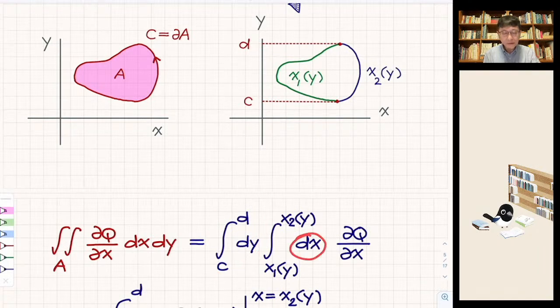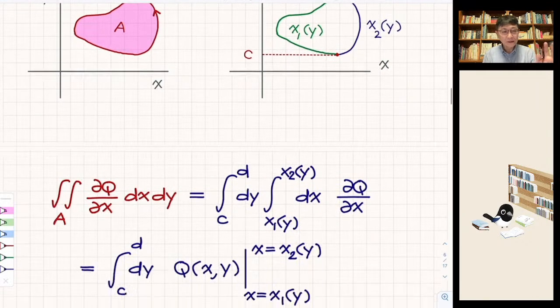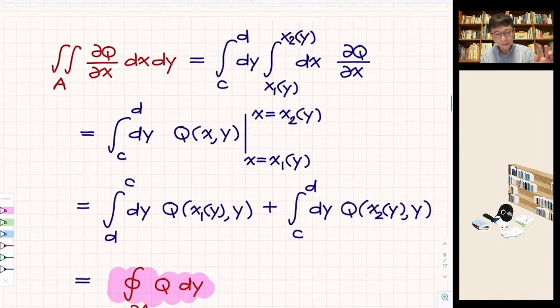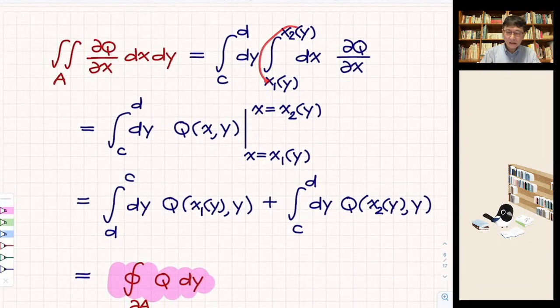And how do you do this dx integral? Well, for a fixed y, this x goes from x1y to x2y, and then this is the original integral. Okay, once you get this important point, then this integration is something trivial.